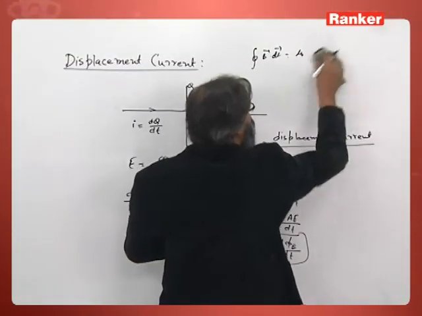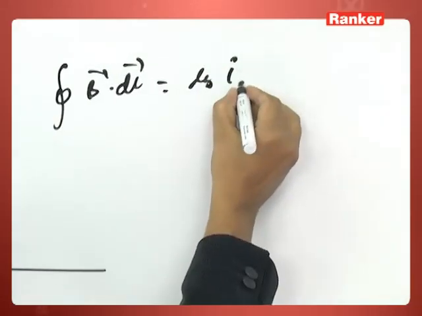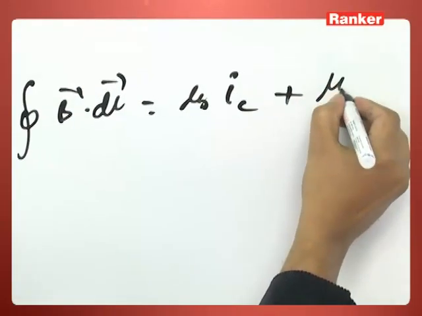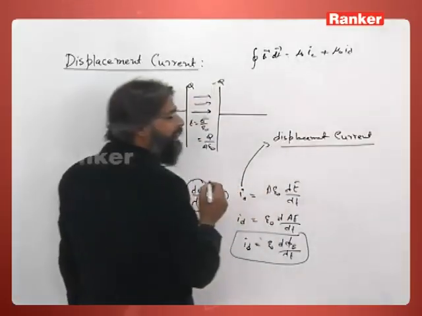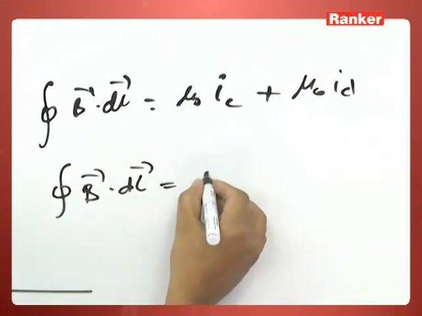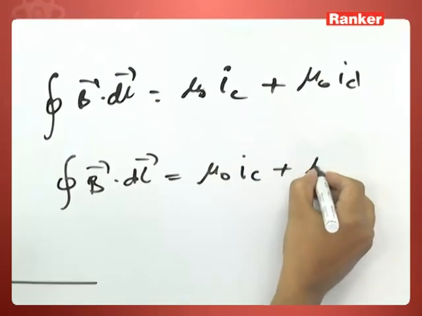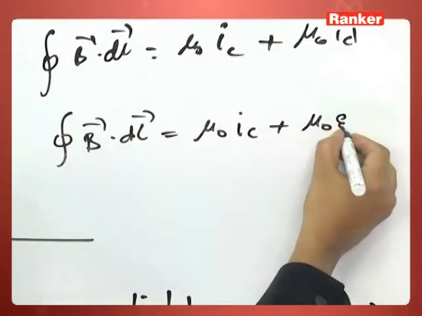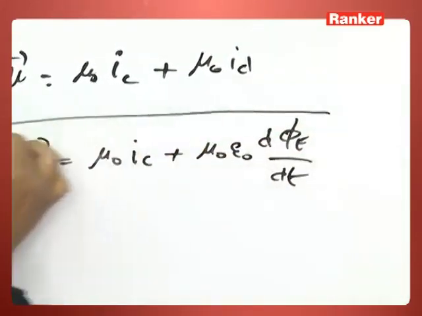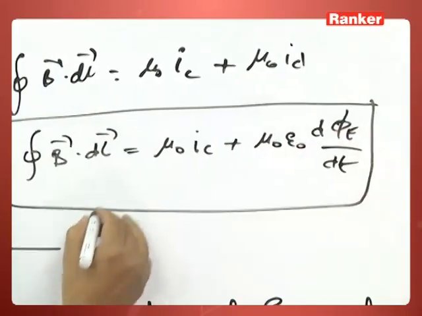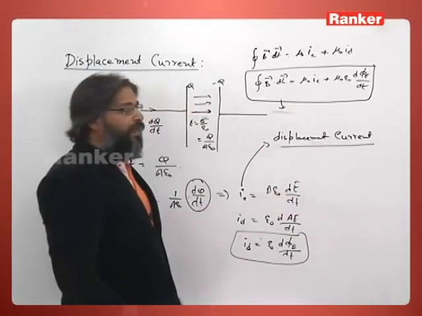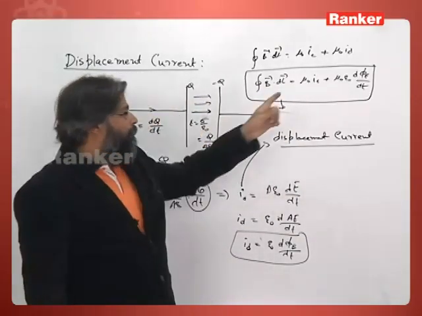Let us denote the time varying current as small I_C. Capital I I will reserve for constant current. And so we will have the integral of B dot dl is equal to mu naught I_C plus mu naught I_D, which is mu naught epsilon naught d phi E by dt. This is Maxwell's modification of Ampere's circuital law.